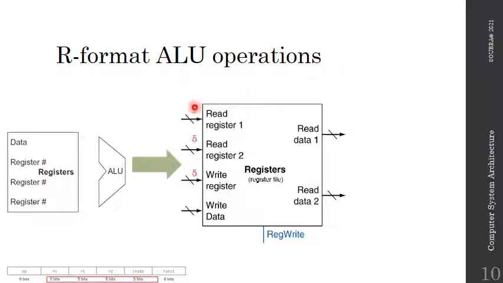Well, I need 5 bits, so that is true for any register address that I need here. That's 2 to the power of 5, which makes sense, right? What about the data? What is the size of the word in MIPS? It is 32. Fair enough. So these two go to the ALU.